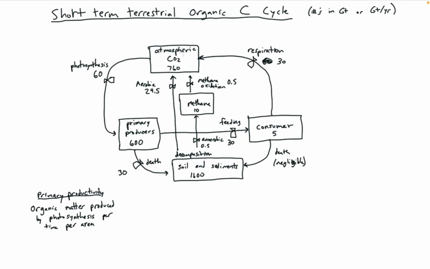So obviously it's aerobic, has oxygen. We could also decompose the carbohydrate and turn it into methane, which doesn't have oxygen in it. The molecule doesn't have oxygen. But then it breaks down in the atmosphere because there's so much oxygen in the atmosphere, it turns into CO2. And we could calculate from this diagram the residence time of methane in the atmosphere, right? It would be 10 divided by 0.5.